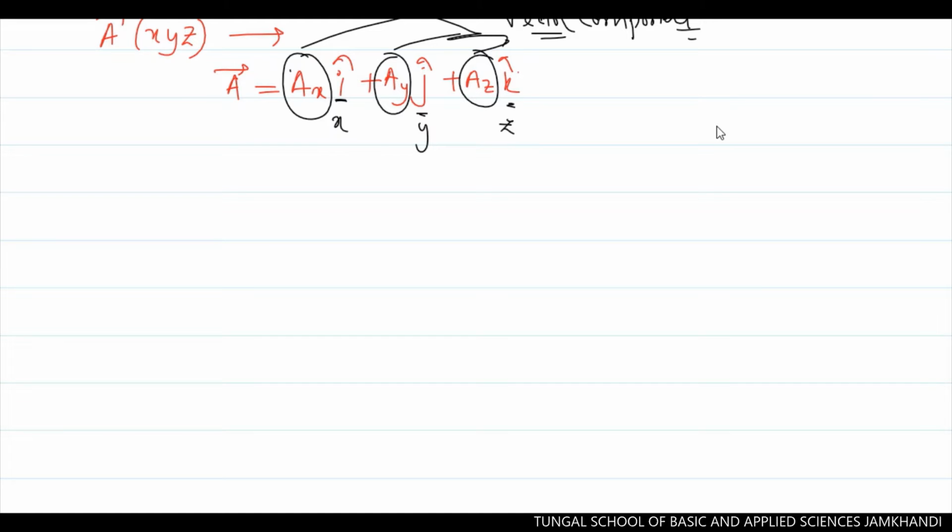Right. So here the divergence of a vector quantity or vector function is defined as follows. In the previous class, we learned about the operator del.